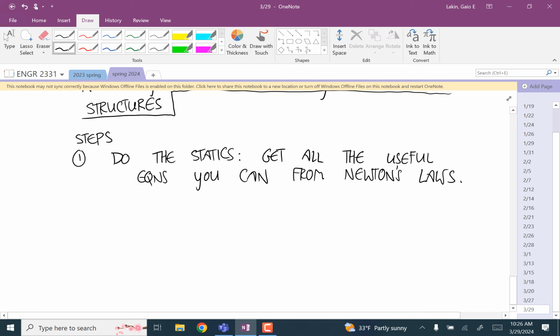But in this case, what you see is you have more variables than equations. Well, we're doing this in dynamics right now too. So what do you do when you have more variables than equations? You look for constraint equations, other relationships between the variables you've already defined that come from geometry or whatever.